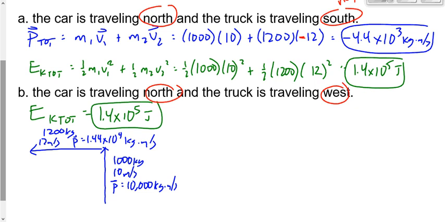Right, m times v. This would be the resultant velocity, the sum of those vectors. We added these vectors up here by just adding a positive to a negative. We add these vectors down here by doing, as somebody said a minute ago, the Pythagorean theorem.